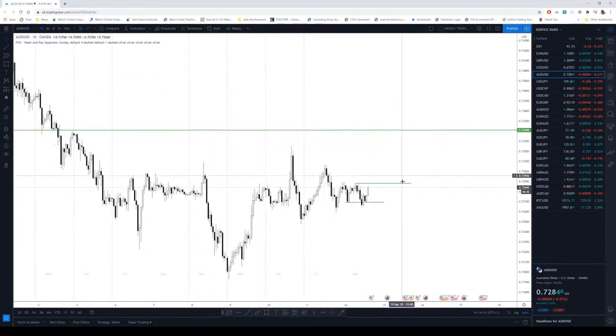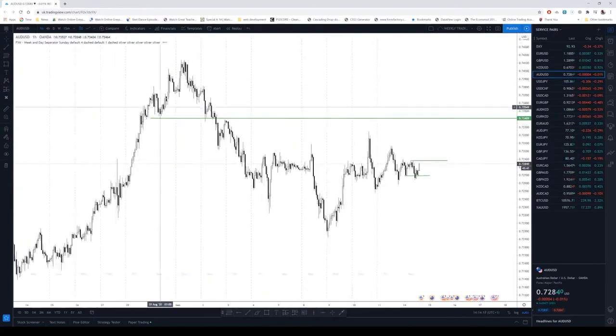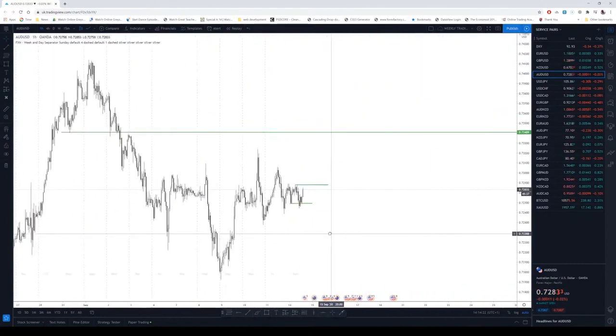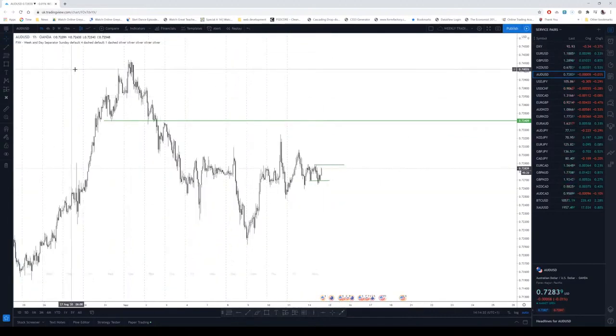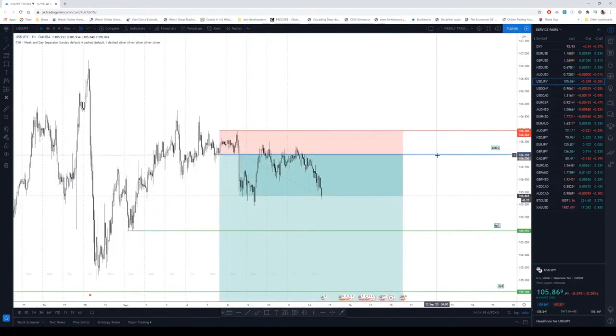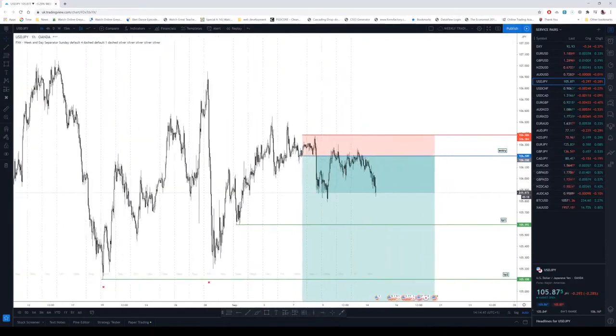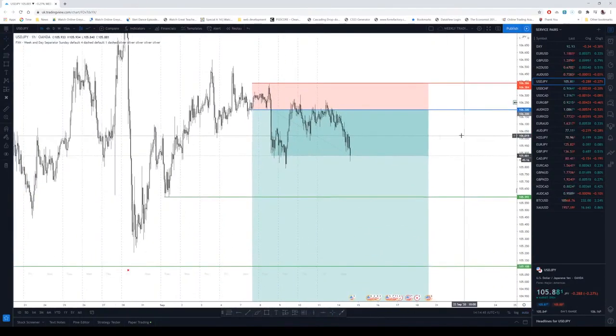And then once we turn around, which is that last up candle on the daily, then I'll be interested in a sell to continue going down, if the dollar turns around. If the dollar doesn't turn around, then I think I'll hold on to my long to continue to target the high up here. Okay, dollar yen, we still have our short going on, so there's nothing to say much about that. Just let it run.